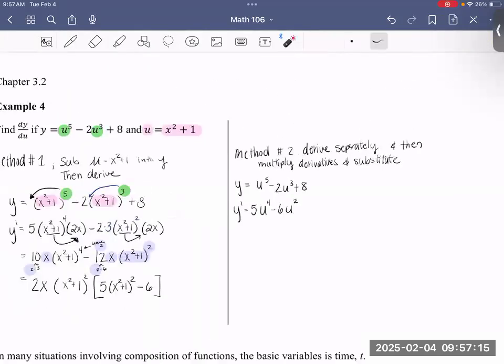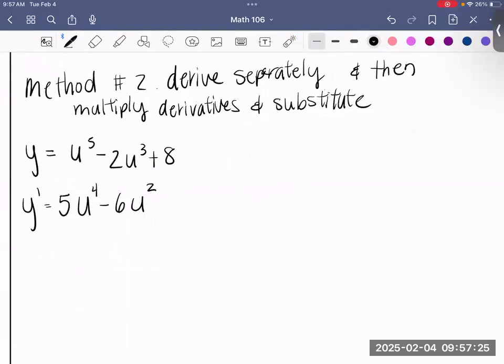And that should kind of look familiar with the 5, the 4, the 6, the 2, which is being completed right here. Now let's go ahead and do the same thing with u. We know u is x squared plus 1. So go ahead and take the derivative of u. Derivative of u is just 2x.